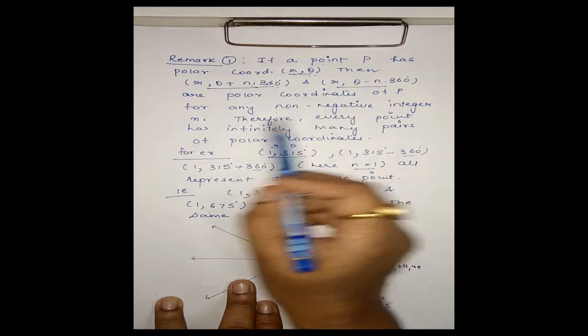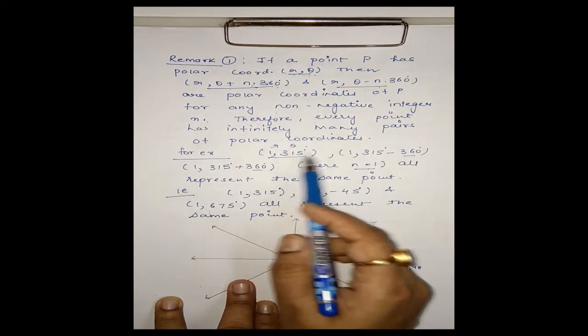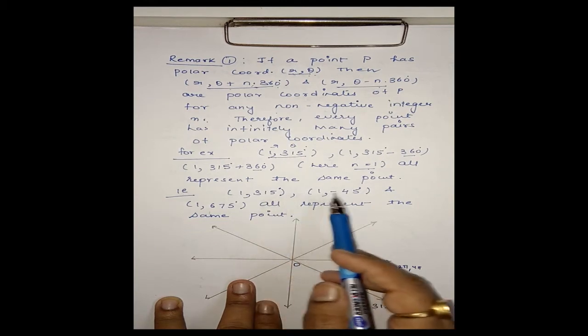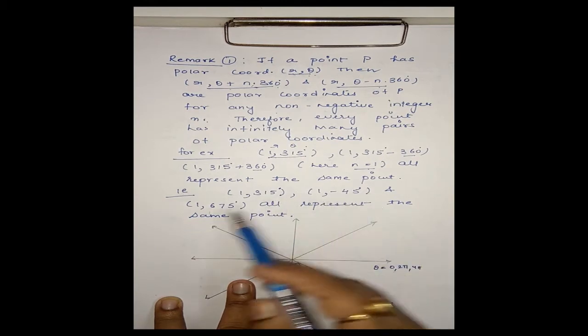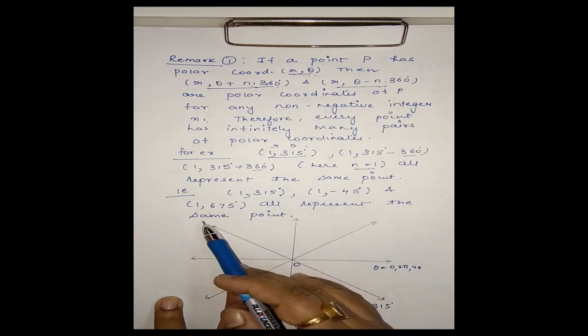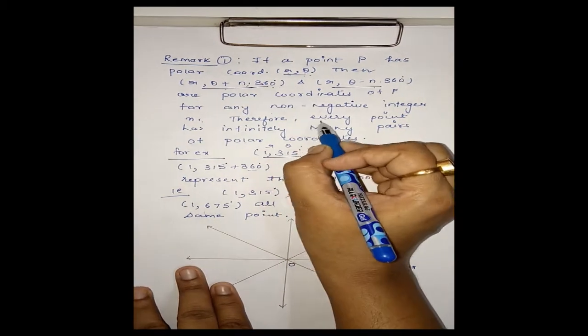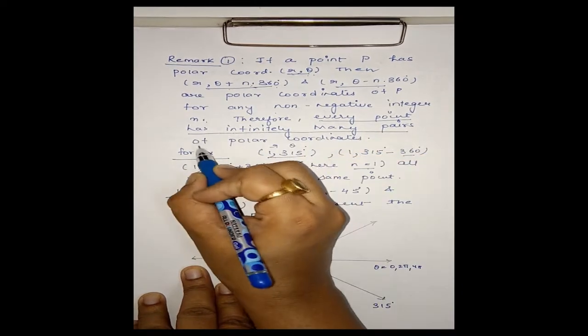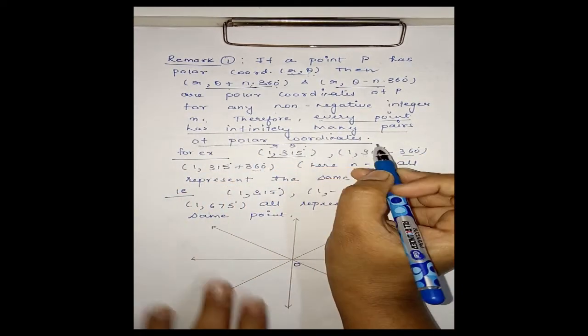Here n is any negative integer. These all three represent the same point. That is (1, 315 degrees), (1, minus 45 degrees) and (1, 675 degrees), all represent the same point. Therefore, we can say every point has infinitely many pairs of polar coordinates.